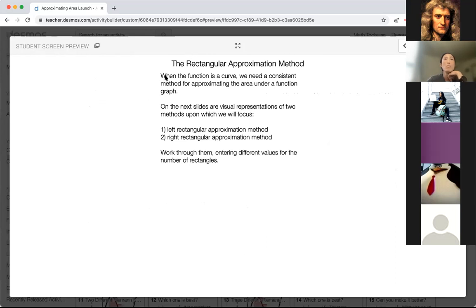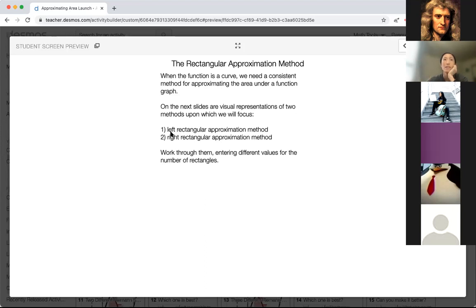When we have a function that is a curve, we need a consistent way to say what the area under that function is, approximately. On the next few slides, we're going to focus on 2 different methods.